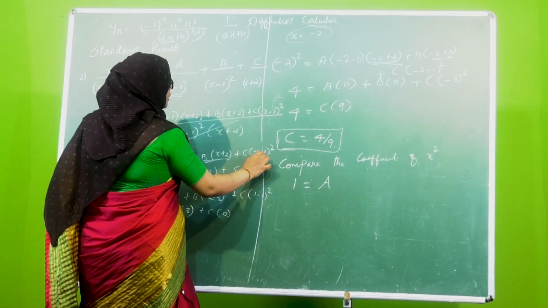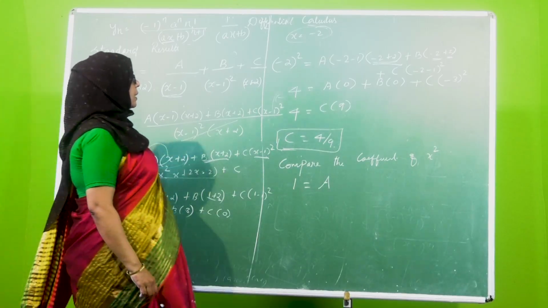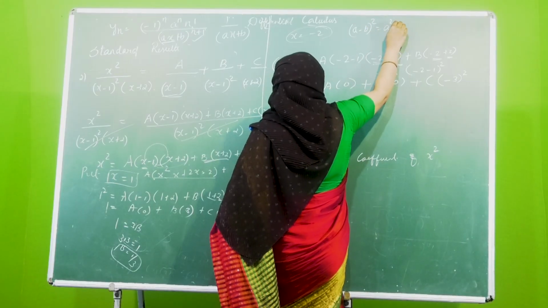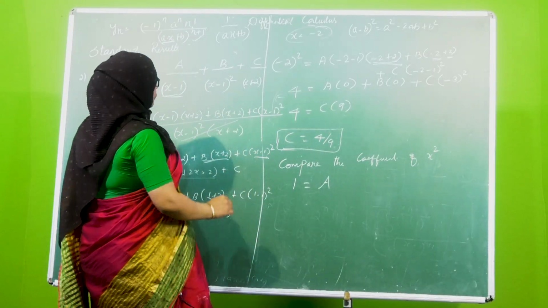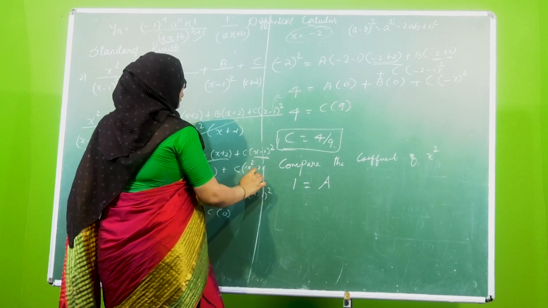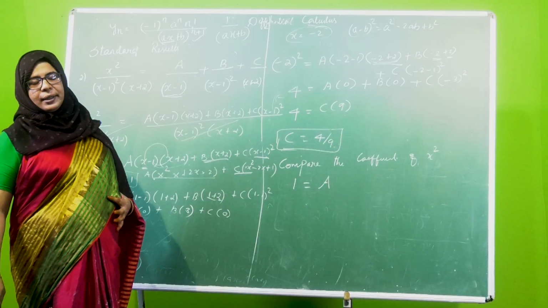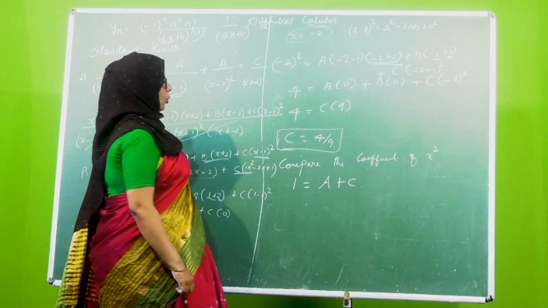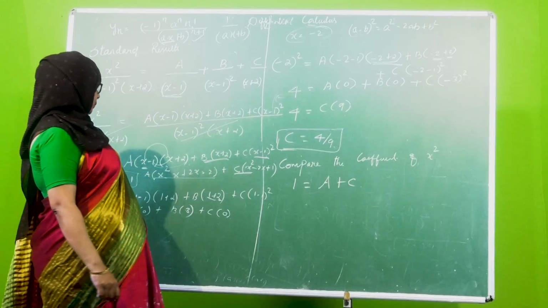And what is the formula for (A minus B) whole square? (A minus B) whole square is equal to A squared minus 2AB plus B squared. So what is the coefficient of x squared? Obviously plus C. So 1 is equal to A plus C.